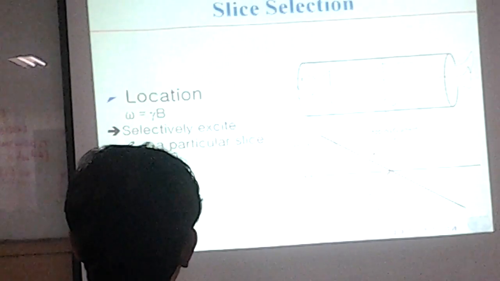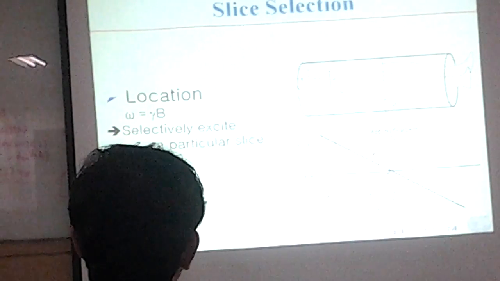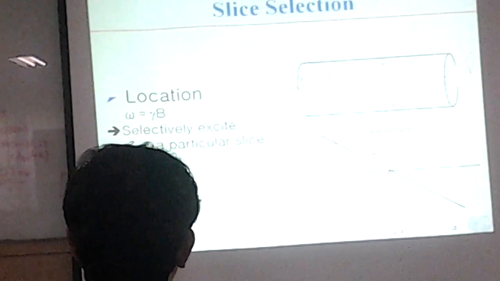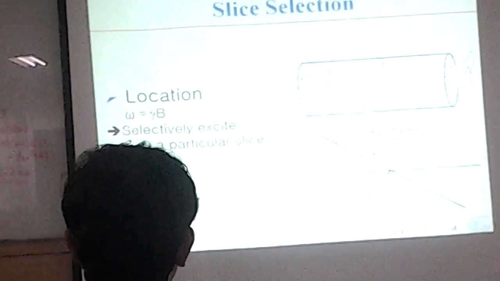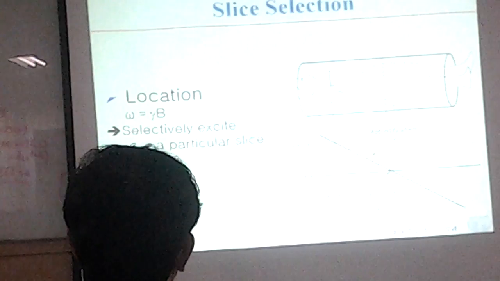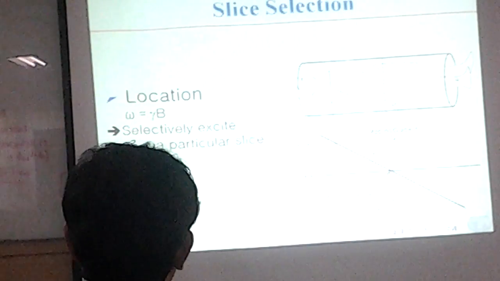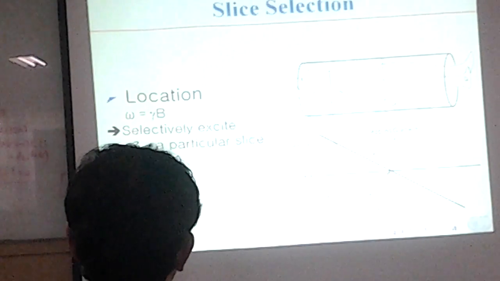Then the spins in the human body are distributed according to the gradient field. That means the spin precession frequencies are different at each position of the human body in the z direction.